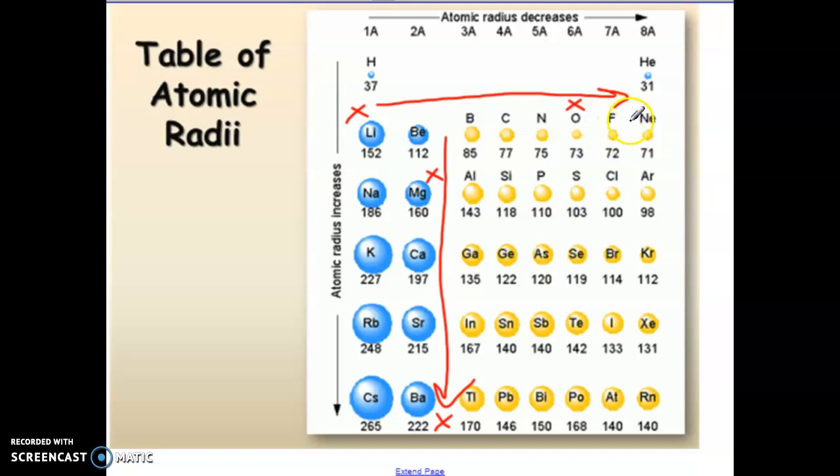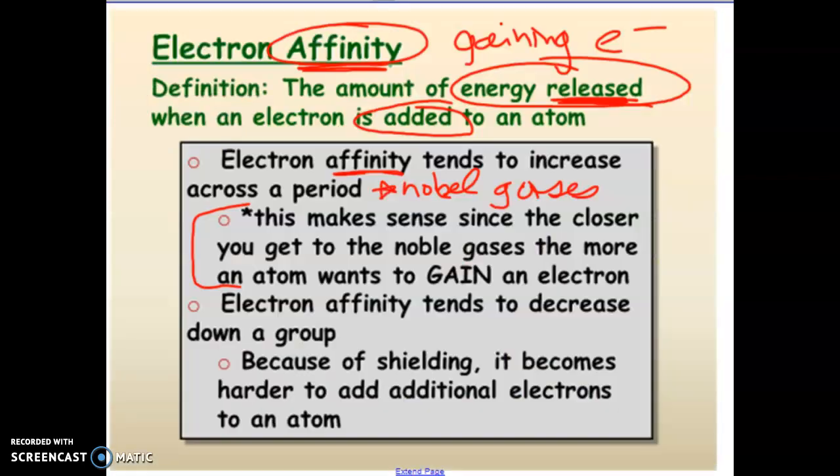So if an electron is going to add into an atom, it's going to be very easy to add the electron in if the nucleus is pulling it in, attracting that electron in. As you go down a group, it becomes more and more difficult to add in an electron because the nucleus attraction is not felt as much. It really all comes down to the nucleus.